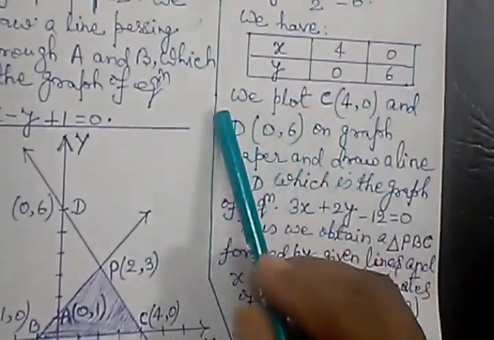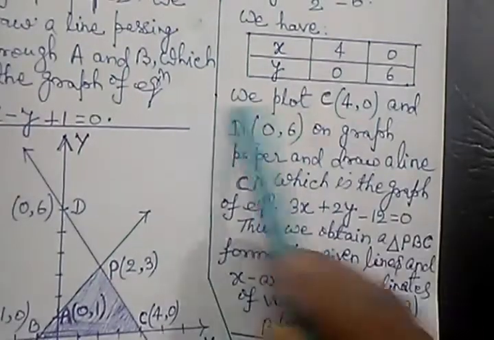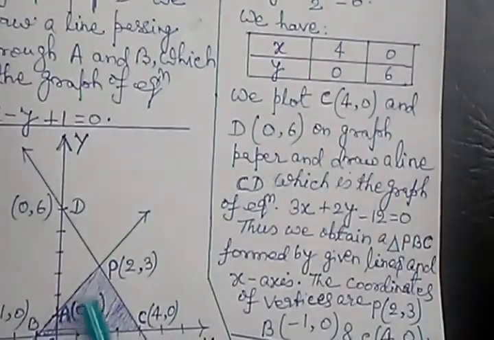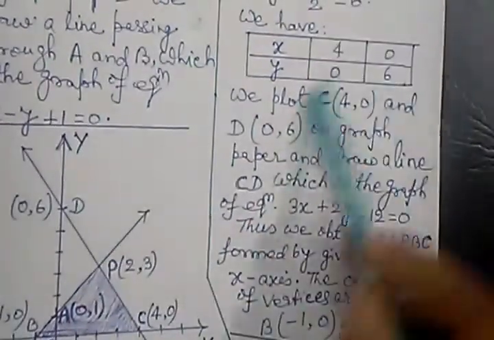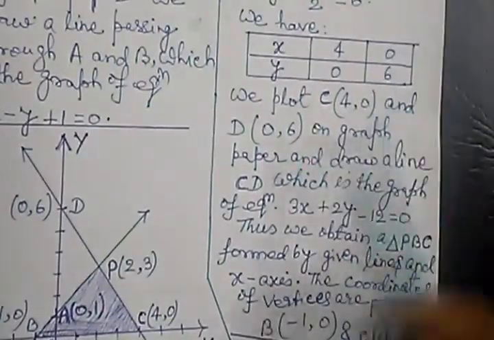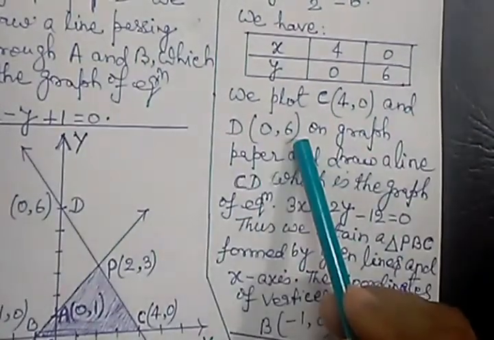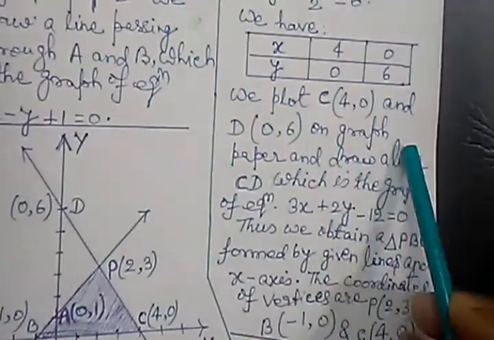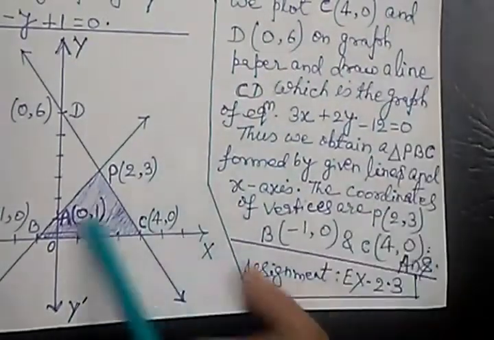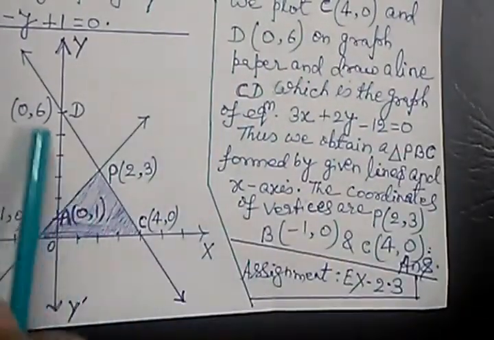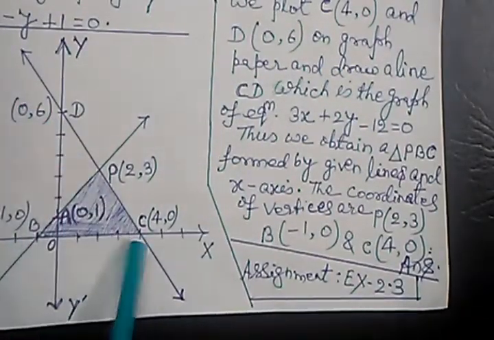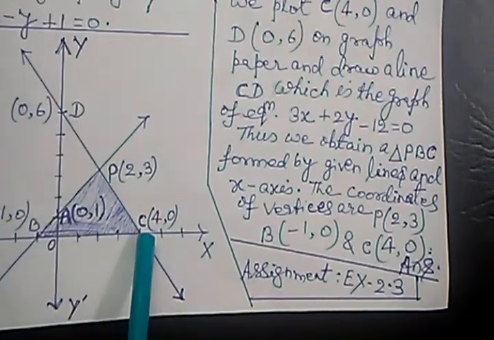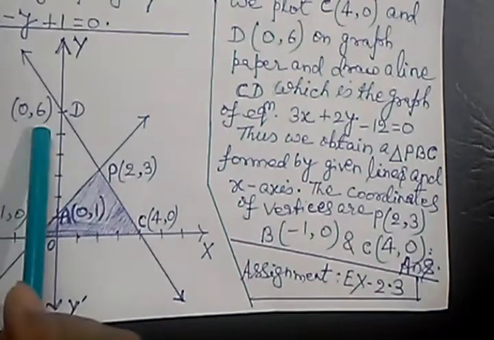So again we plot these points on this graph paper, naming them C (4, 0) and D (0, 6). You give the names C and D to these points on the graph paper and draw a line passing through C and D. You see, point C is here at (4, 0) and D is here at (0, 6).